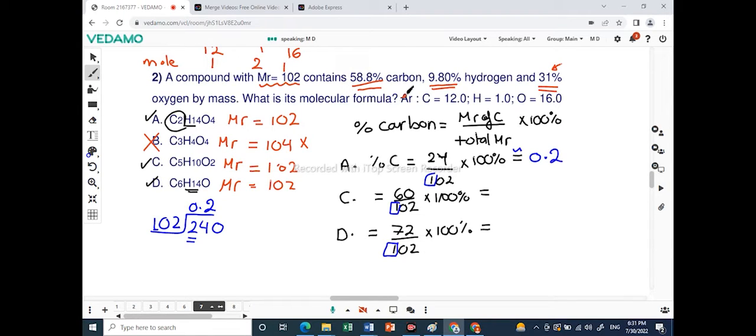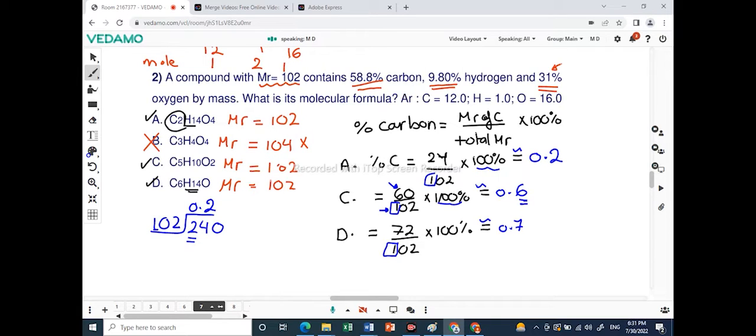I'm not going to continue. And if you want to focus on the 60, another time it will be 600 over 102. Since you have a 1, it is another time something which is approximately 0.6. And here it will be approximately 0.7. And of course, these are multiplied by 100. So there will be times 100. So it will be something like 22, 32, and the same situation for the 6 and for the 7.